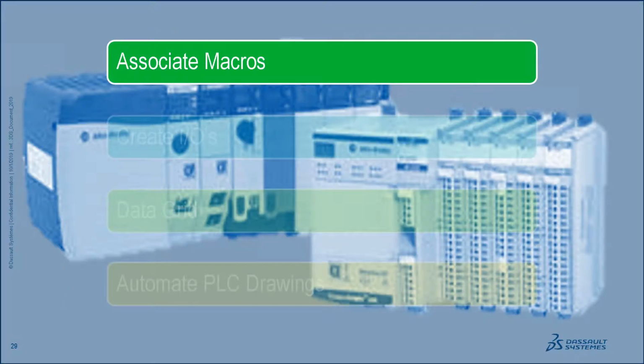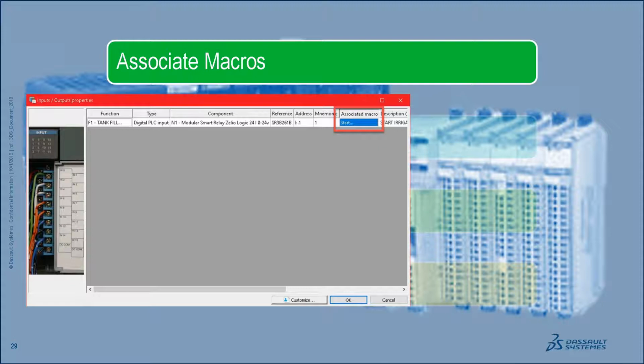Once the IOs have been created, assigned, and configured, we can then start associating macros to those IOs. Essentially what a macro is, for those of you who are not aware, in our tool, is a circuit. So it's a combination of components and wires that are placed as a single unit but function independently. So essentially what we can do with this tool is say, for this input, I want you to place this circuit.